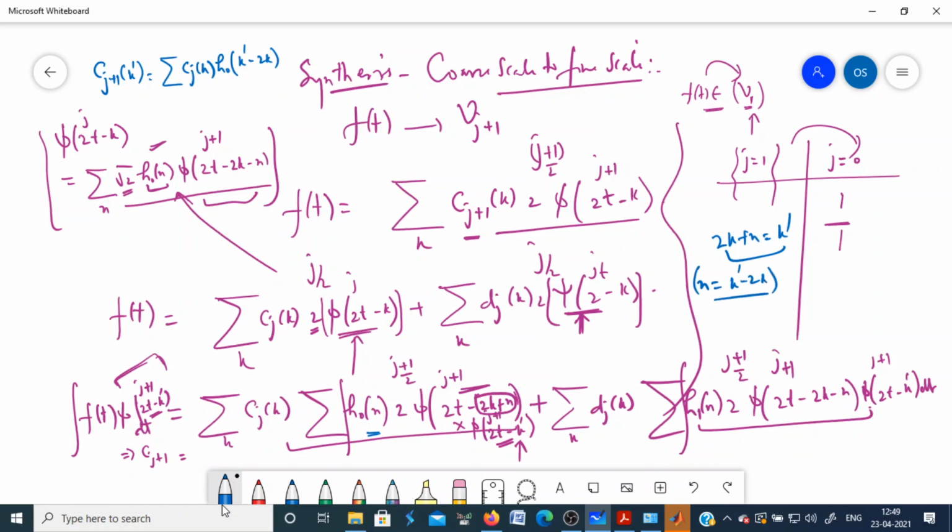So at that point when n reaches that value, this integration will be unity. For all other values it is 0. Or you can replace similarly here the same concept. So you can replace these variables. You can write it as Cj plus 1 of k is equal to summation over n of Cj of n h naught of k minus 2n.